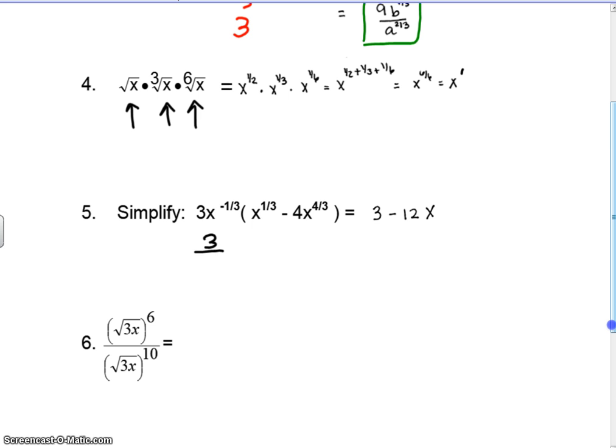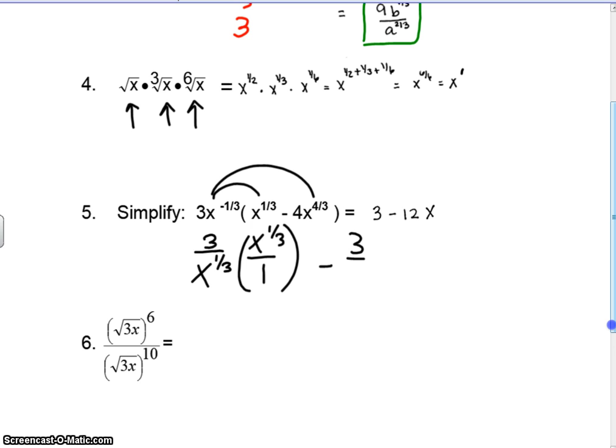So 3 over x to the 1/3 power. And this is distributive property. So we're going to multiply each one. X to the 1/3 power, I'm going to put that over 1. Minus 3 over x to the 1/3 power times 4x to the 4/3 power. I'll put that over 1. Let me write that a little better here.